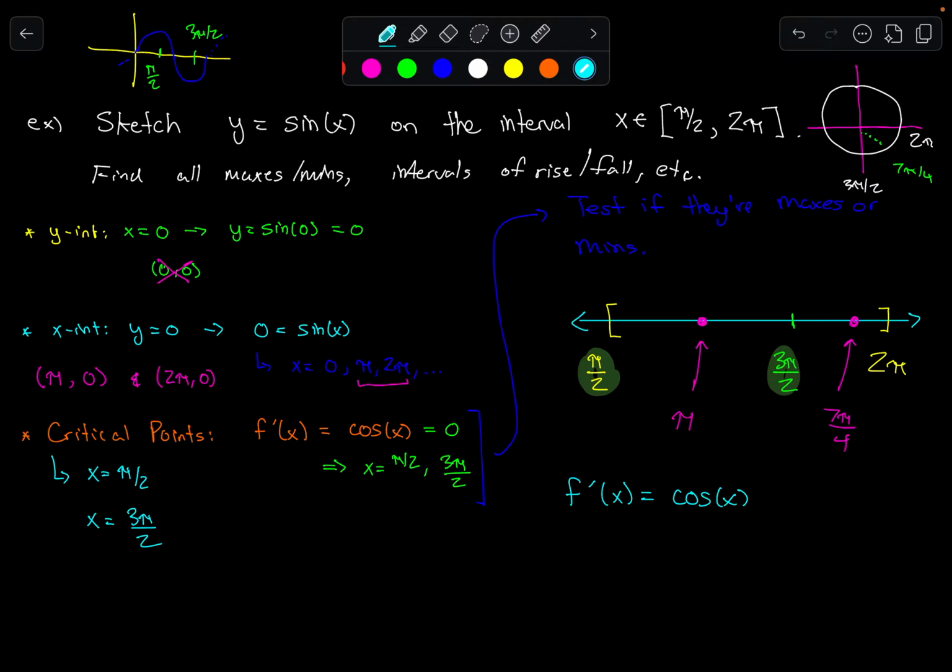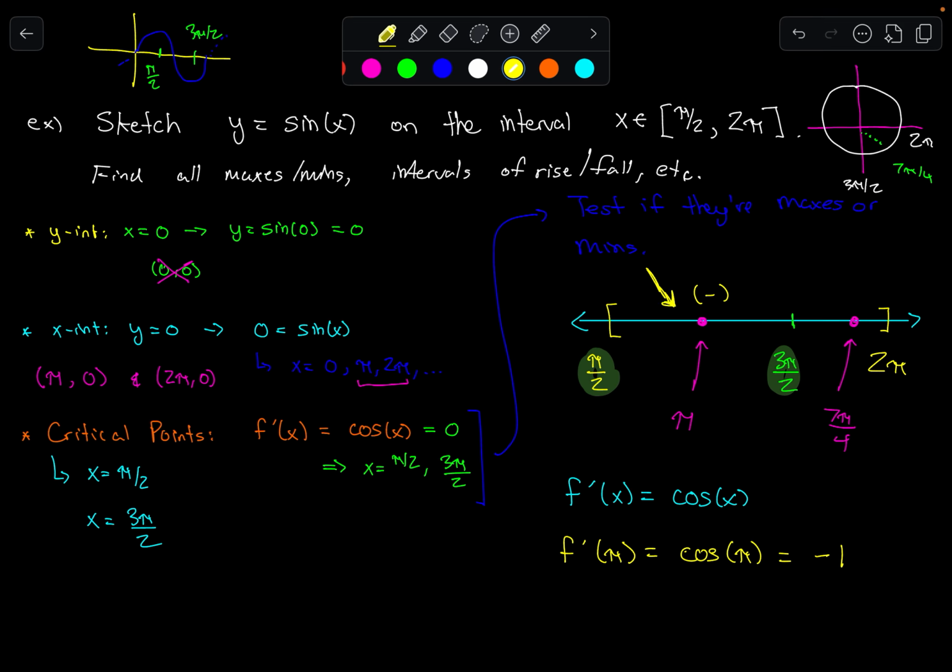And the question we're going to ask is, what is the value of f prime at these points? So for instance, f prime of pi is equal to, well, what's cosine of pi? Cosine of pi is equal to -1, which means that my slope in this interval here is going to be negative, or that our graph, we expect it to be going down.